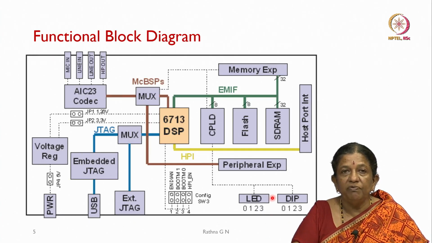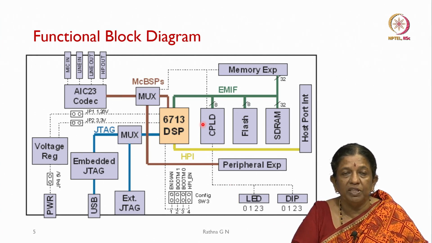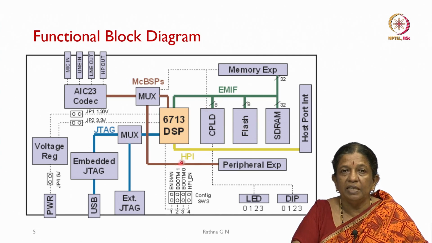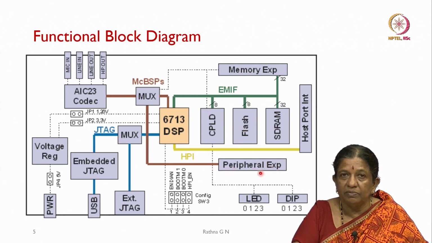Coming to the functional block diagram, you saw the board diagram with all the components there. From the functional block diagram, this is a chip, and then you have the CPLD logic, some flash memory and SDRAM. These are the memory expansion units, which we call the external memory, and then we have the peripheral interfaces here, the expansion for host port interface.